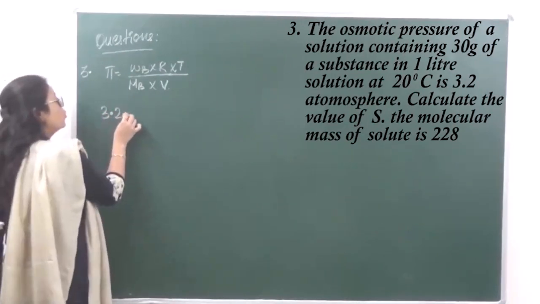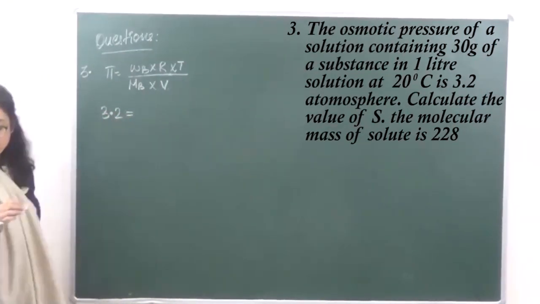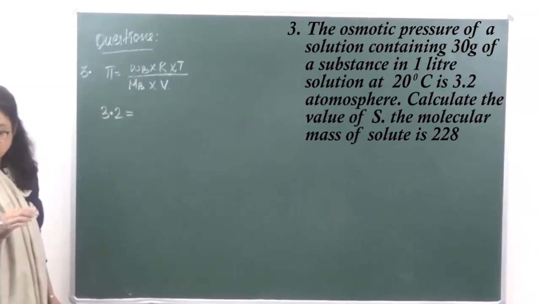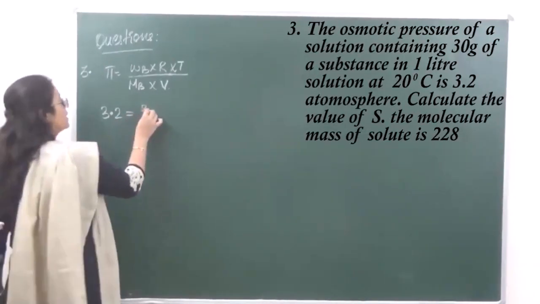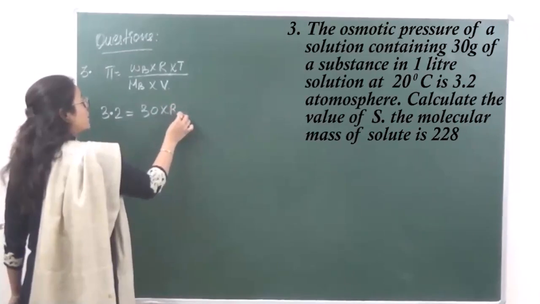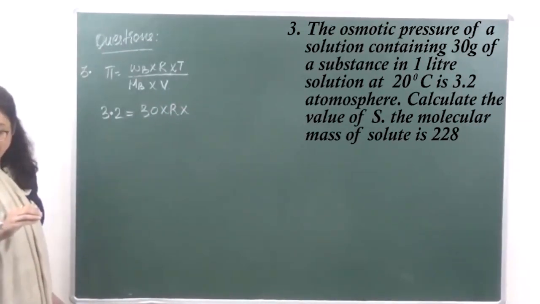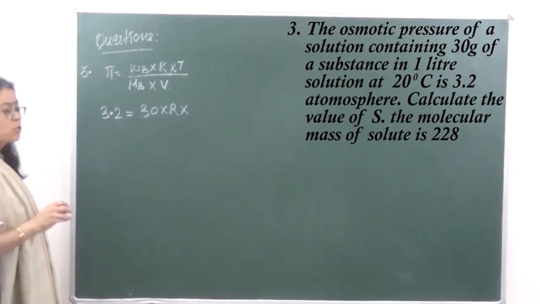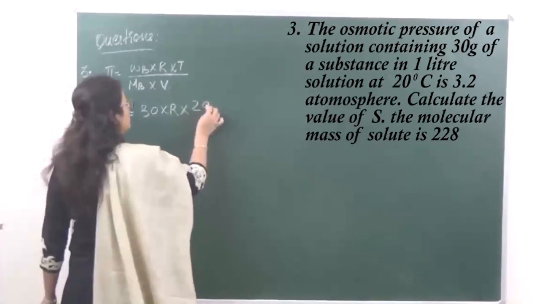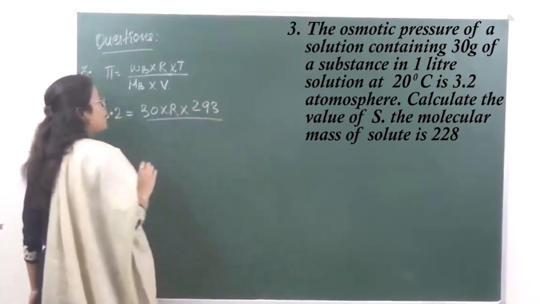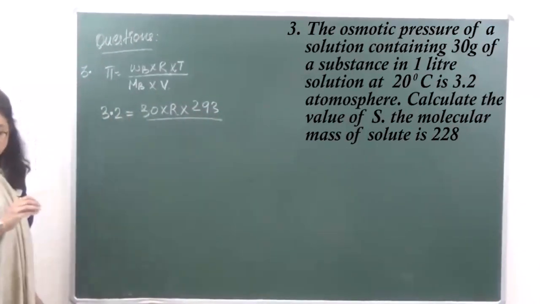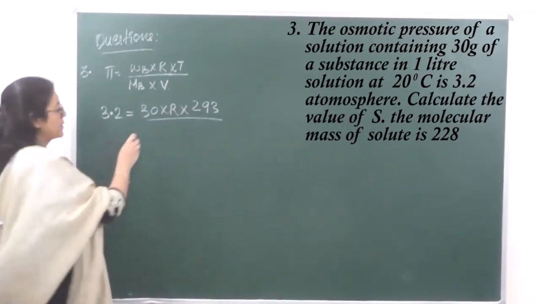So 3.2 is equal to WB, which is 30, into R, which we have to calculate, into temperature. Temperature given is 20 degrees, so 20 plus 273, that is 293, upon MB. Molar mass is also given, which is 228.